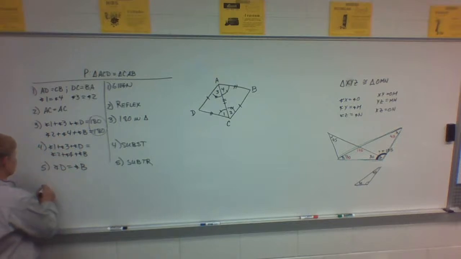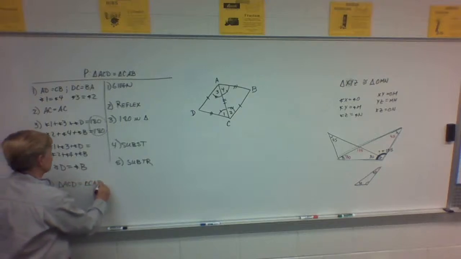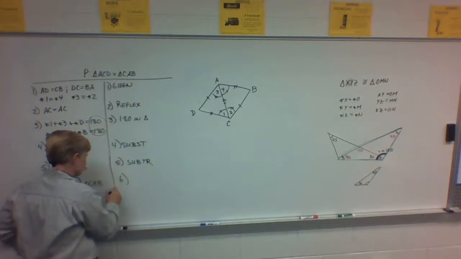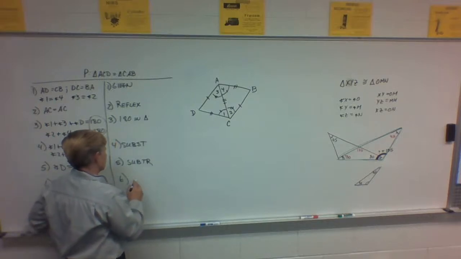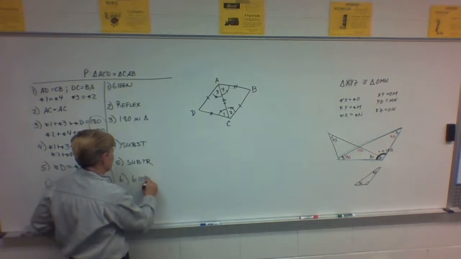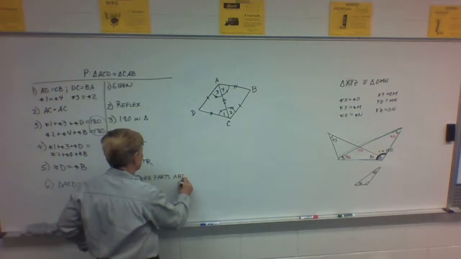Now I'm ready to say it. Once they're all there, triangle ACD is equal to triangle CAB. And you're wondering what this reason is. We haven't actually formalized this reason. This reason is because, I guess we can say, 6 corresponding parts are equal.